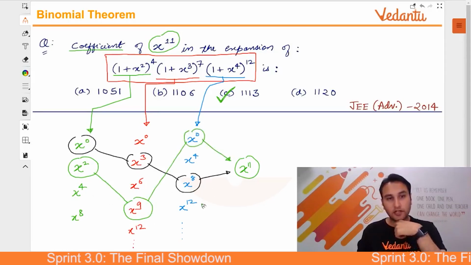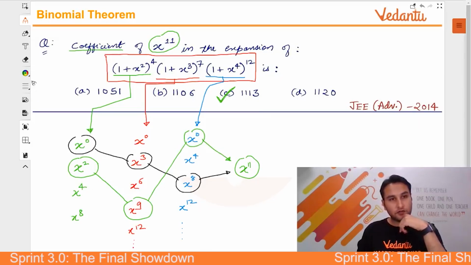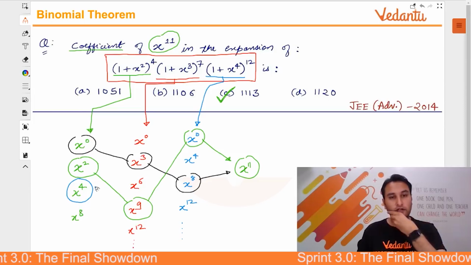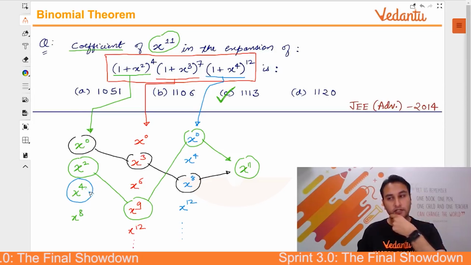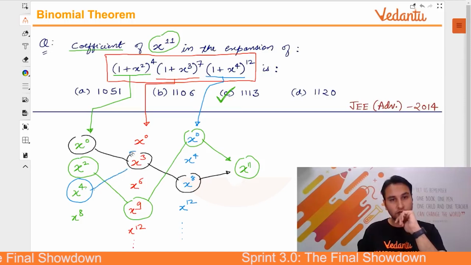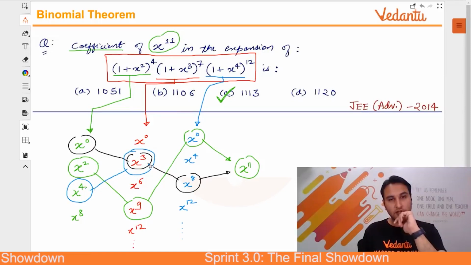Can you find all the similar options? What else can be there? Say if I start with x to the power 4, then what will you get? Adding 3 to 4, what is it? 7. 7 plus 4. Yes, this will also give you 11.